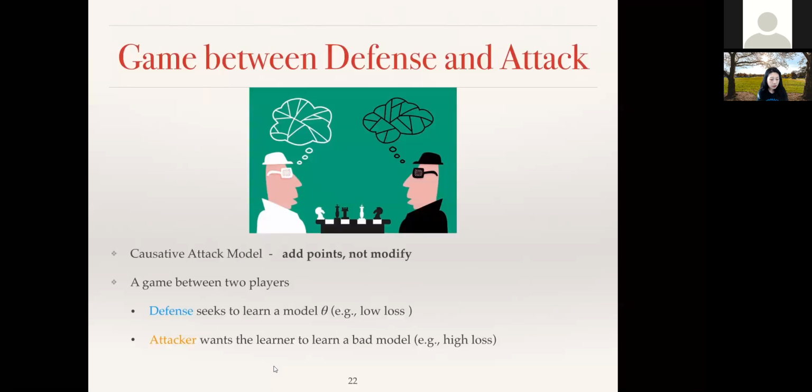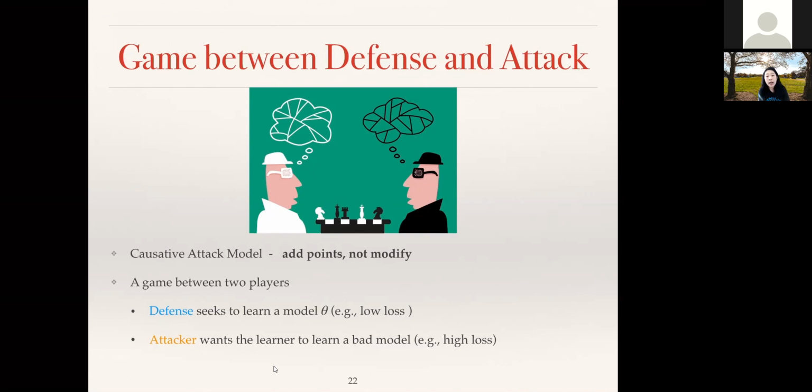Okay, so first I want to say they assume a causative attack model. What does that mean? It basically means that the causative attack model would just allow the attacker to add points, but not modify existing ones. Actually, I think the authors justify that this is reasonable because the systems constantly collect new data, and modification of existing data would require some kind of compromising of the system, which is usually not very easy, right?